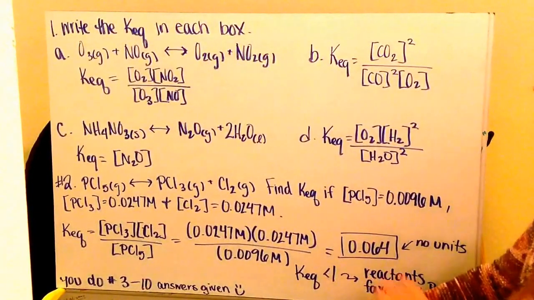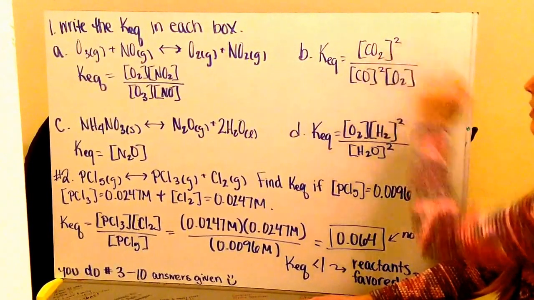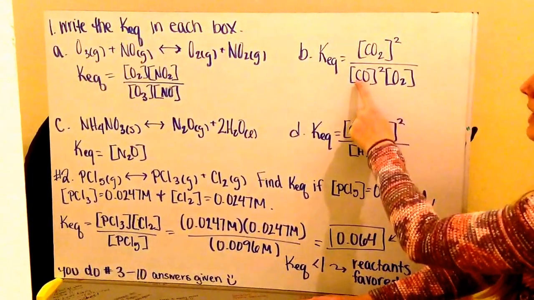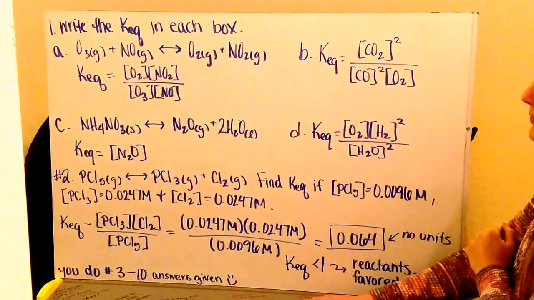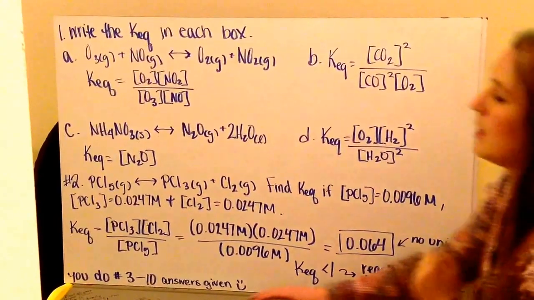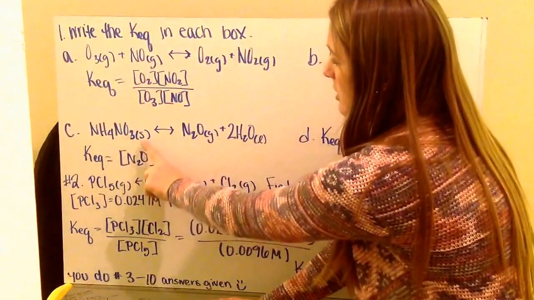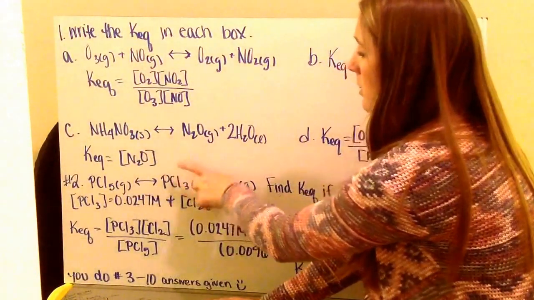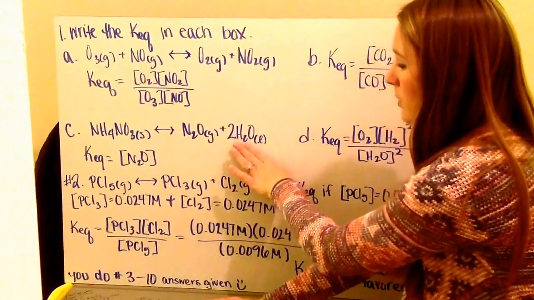You should get that KEQ is the concentration of CO2 raised to its coefficient of 2, divided by CO raised to its coefficient of 2, times O2. Now letter C, we have ammonium nitrate, which is a solid, in equilibrium with dinitrogen monoxide plus liquid water.